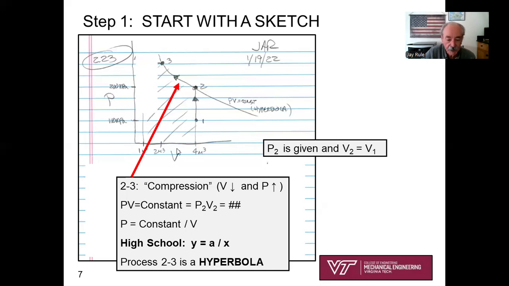So now you can draw your sketch. It's not the most beautiful hyperbola in the world, but at least I've curved it like a hyperbola should be. And we're going from 2 to 3 up and to the left. So it's a hyperbolic curve. You must draw that down. It is not a straight line. I've shown in my solution, I called it a hyperbola. PV equals constant.